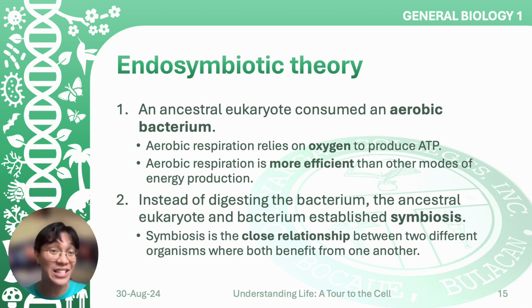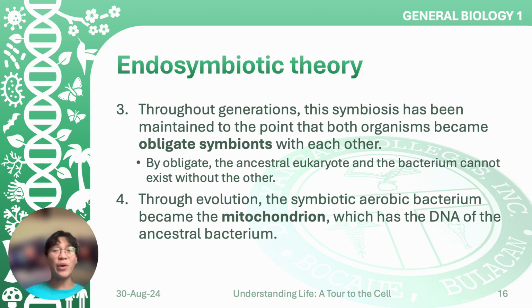So instead of digesting that bacterium, the ancestral eukaryote and bacterium established symbiosis. We have a section called symbiosis, right? And we call symbiosis the close relationship between two different organisms where they both benefit from one another. Throughout generations, that symbiosis has been maintained until such a time that they became obligate symbionts with each other.